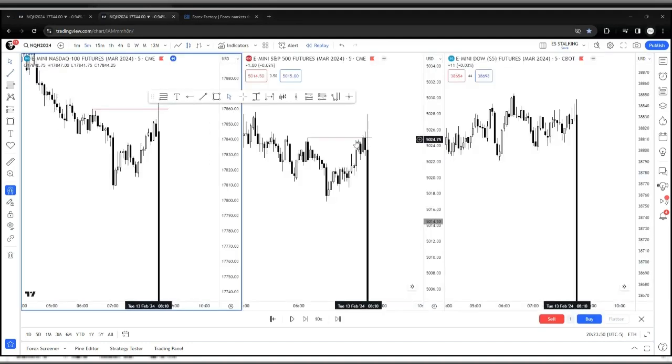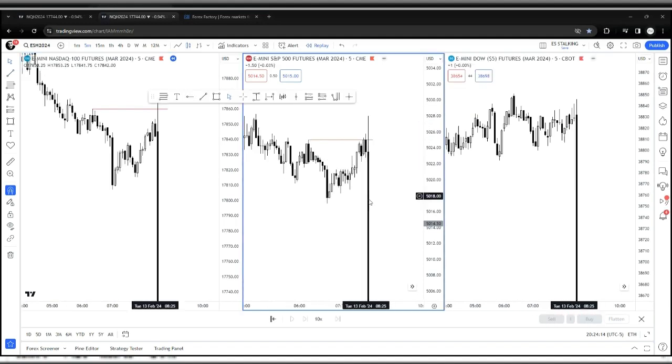So we had price break above this high. We had price also close above this high as well, right? This was CPI, right? So this would be the Q1 of the New York session, and this would be Q2 of the New York session. So we had accumulation, manipulation, and distribution, right?